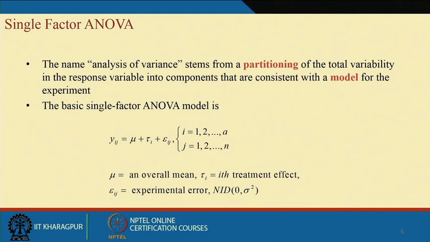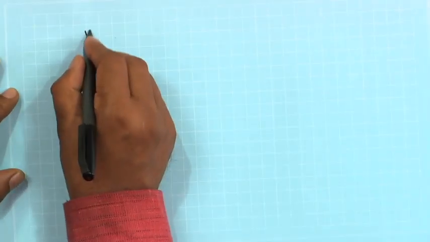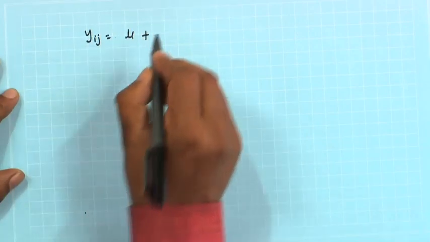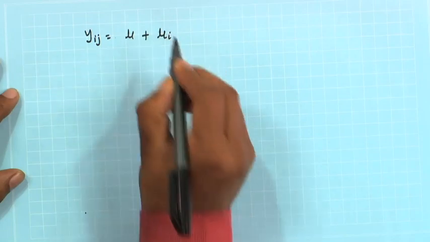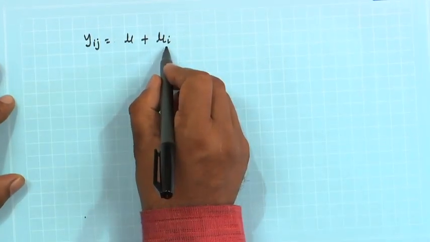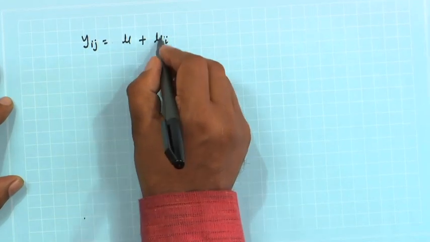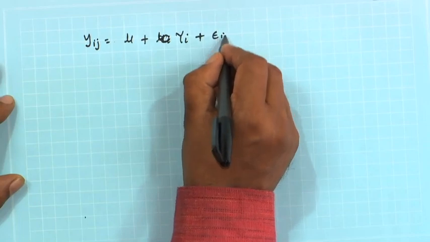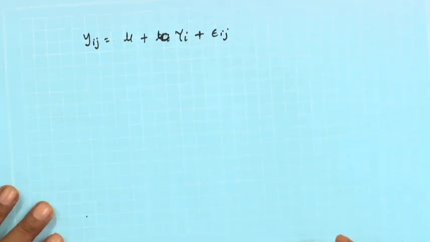With this we will now formally define the single factor model. The single factor model is defined like this: y i j equals mu plus tau i plus epsilon i j. This is the more general one.